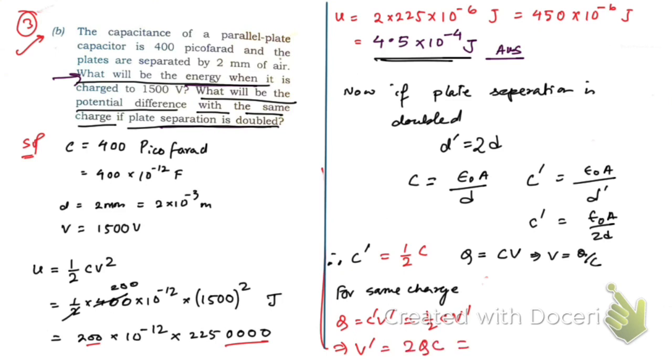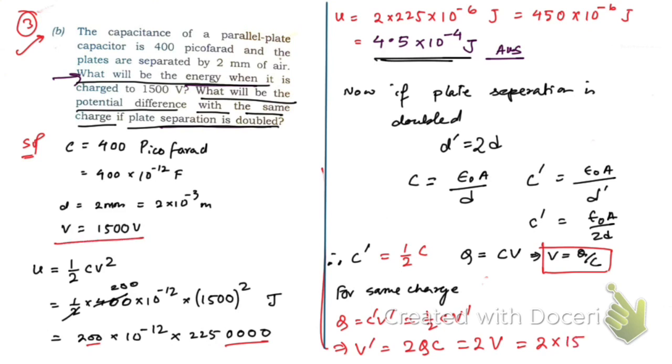And 2Q by C is nothing but 2 into V, right? V is equal to Q by C, right? So we're going to get here 2 into V, right? So now if that is the case, then 2 into V, here we have got 1500 volt.